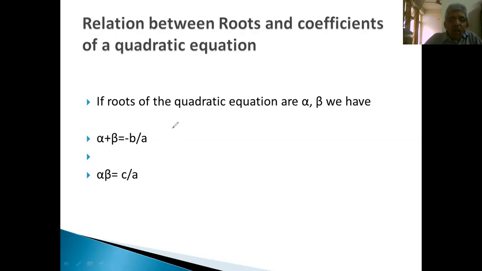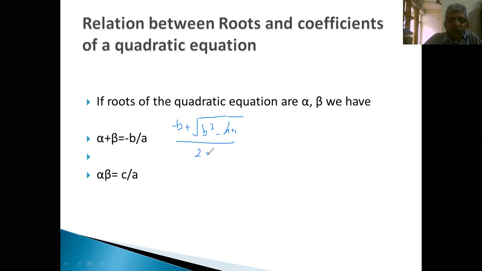Alpha plus beta: alpha is minus b plus under root b square minus 4ac, divided by 2a.